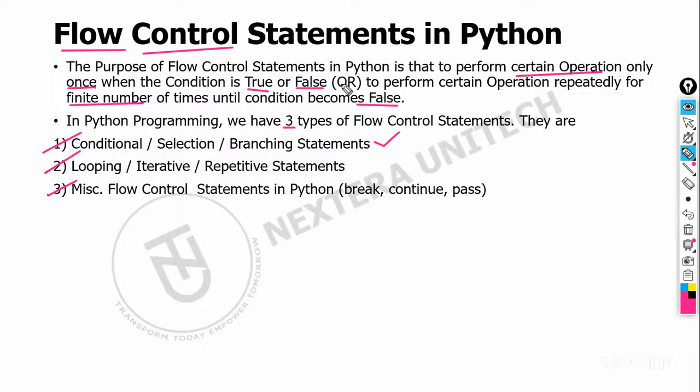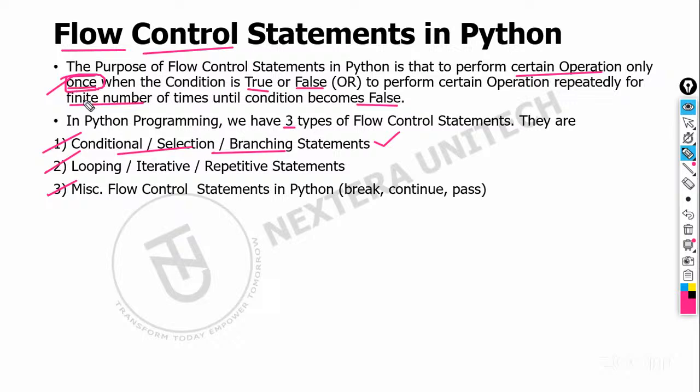They even help us to perform the other operation, but only for once. So that is the purpose of using conditional statements, selection statements, or branching statements, right? So this is the key word that has to be memorized. For how many times is it going to allow us to execute? Only for once.